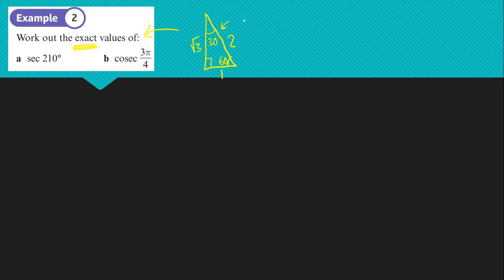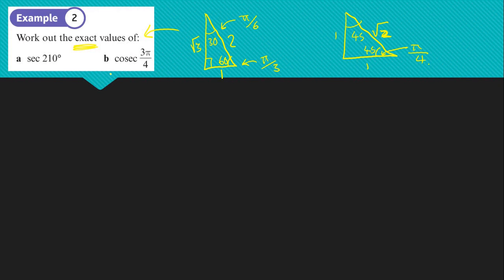Obviously that could also be called pi over 6, and that one could also be called pi over 3 in radians. And you've also got the other one, which is 1, 1, and root 2, with 45, 45, where that is pi over 4 if you need it.